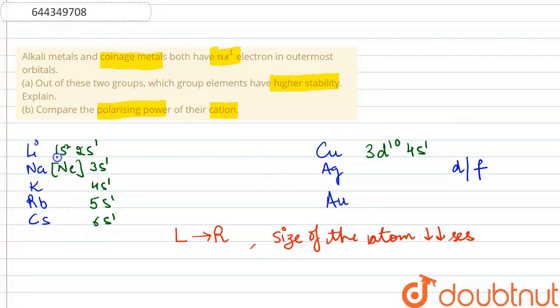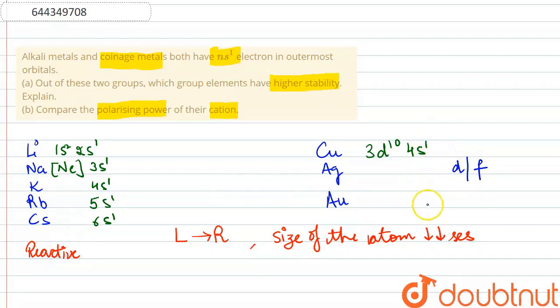Because of their large size, the outermost electrons are loosely held by the nucleus, whereas in case of coinage metals, the outermost electrons are tightly held by nucleus. So that means alkali metals will easily lose electron, and since they're easily losing electrons, alkali metals are more reactive.